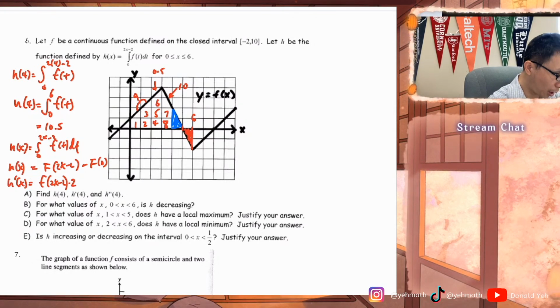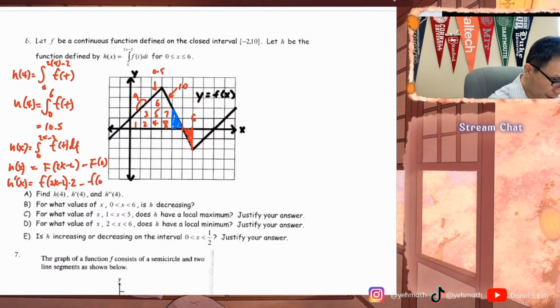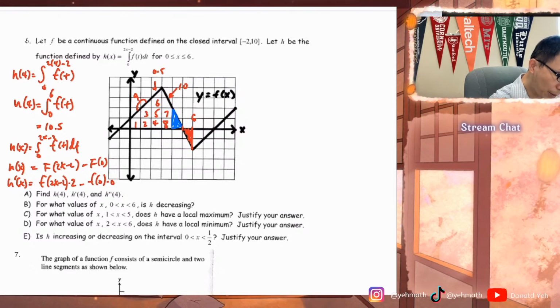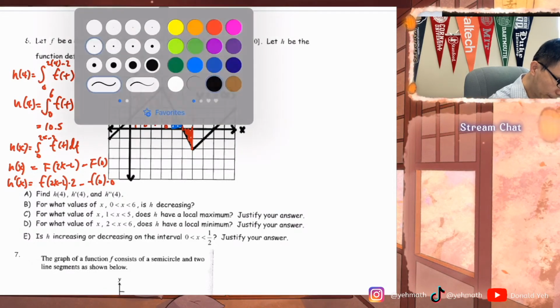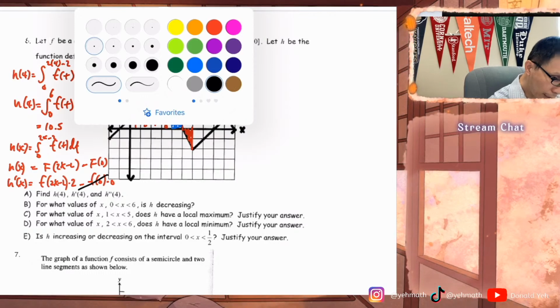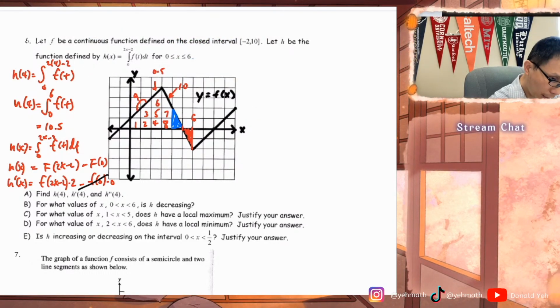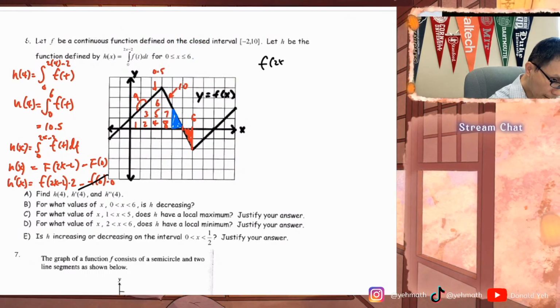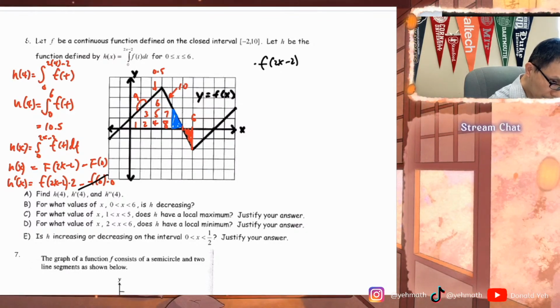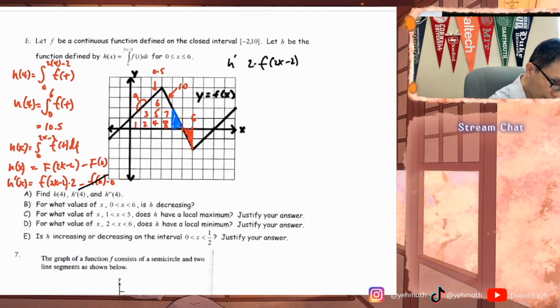That's what throws people off. Minus f of 0 times 0, so this part is going to go away. So then h prime of x is f of 2x minus 2 times 2.